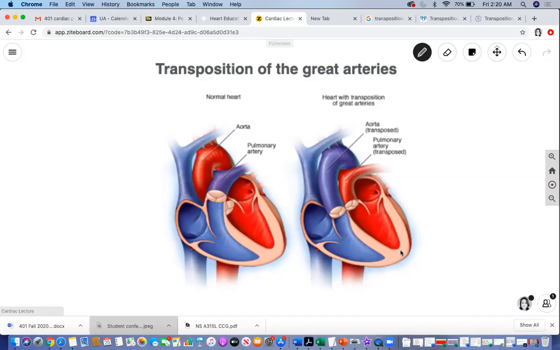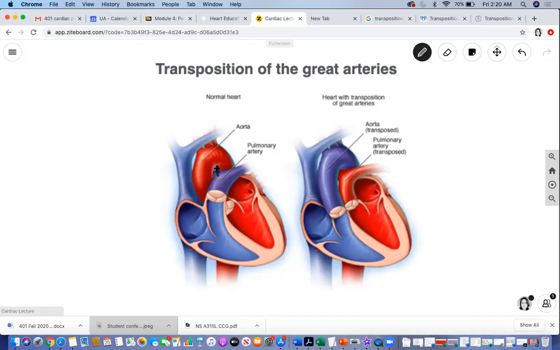So, let's just talk about what the normal versus the transposed arteries look like. On the left, you'll see there's a normal heart. We have our atria and our ventricles. We have our pulmonary artery coming off the right side, and we have our aorta coming off the left side, and all is good and well. This is appropriate. If we had a PDA, we would have that right here.